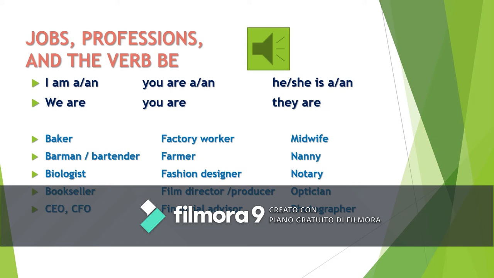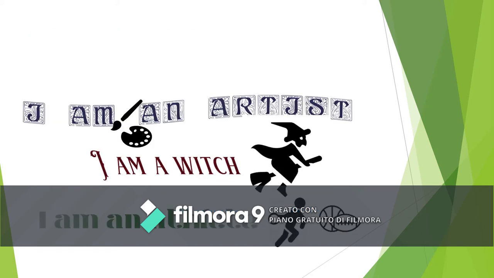You are fashion designers. They are farmers, and so on. And of course, you can practice as much as you like, even with the other jobs and professions we are going to see shortly. You can also say, I am an artist. I am a witch. I am an athlete.